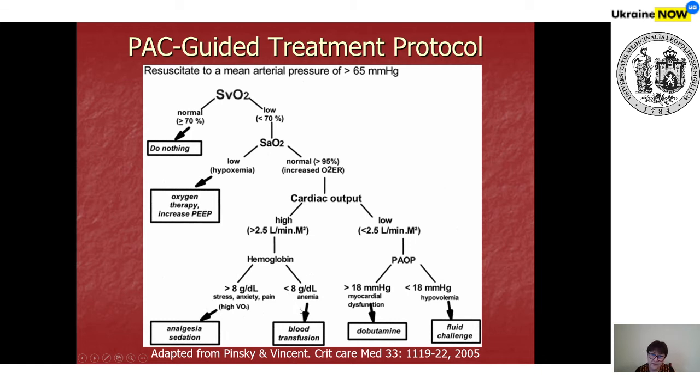Less than 80 grams per liter, the patient needs blood transfusion. More than 80, it may be increased consumption of oxygen due to stress, anxiety, and pain, and the patient needs appropriate treatment. In pain, he needs analgesia. In anxiety, maybe sedation.